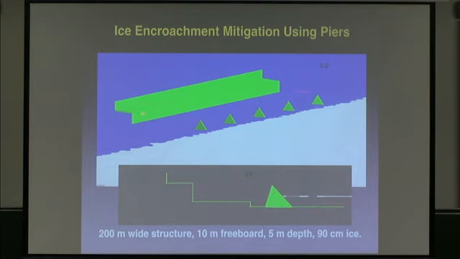This is a 200-meter wide structure, and the piers are tetrahedra anchored at the bed. There's 10 meters of freeboard above the water, 5 meters of draft, and we're going to use 90-centimeter ice.